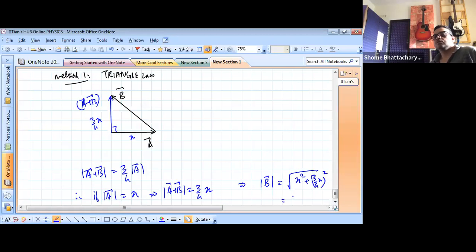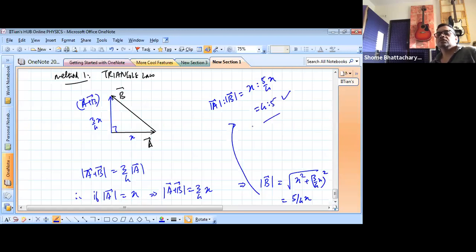Now that will tell you that mod A is to mod B equal to x is to 5/4x, or 4 is to 5. So this is the triangle law method of solving the 10th question. Ultimately, I made use of Pythagoras theorem.